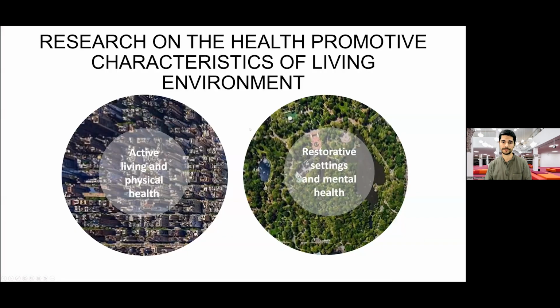So as I said, a big part of my PhD was about environmental health promotion research. So when we talk about the association between the urban structure and people's perceived health or perceived mental or physical health, we are looking usually at two things.